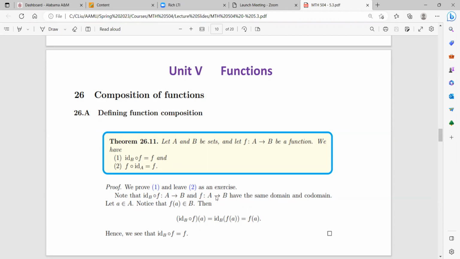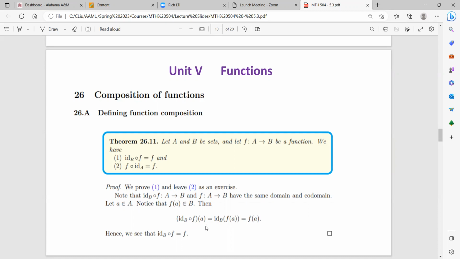Then we just need to show that ID_B composed with f and f give the same function value. Choose any arbitrary element a in set A. If you map from A to B, then f(a) will be in B because f is a function. What happens if you do the composition of ID_B with f?